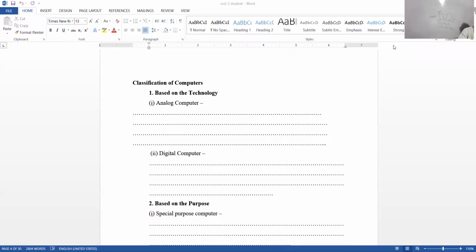Then we'll go through the digital computer. Under that, write down. There you didn't write the example, no? Write down some examples under analog computers: pressure meters, speedometers, even you can take a temperature meter.